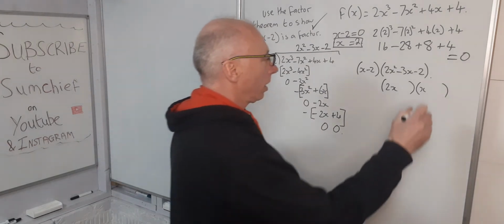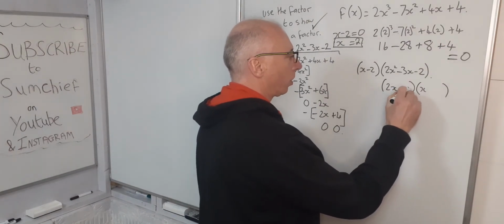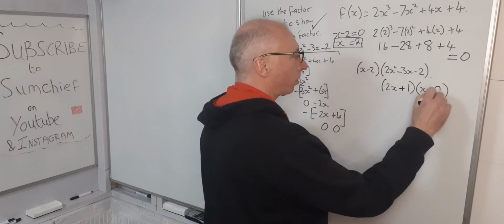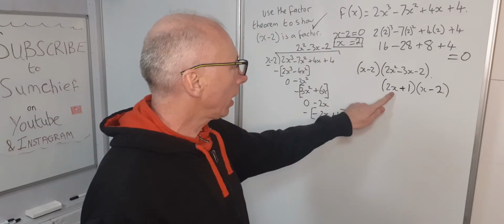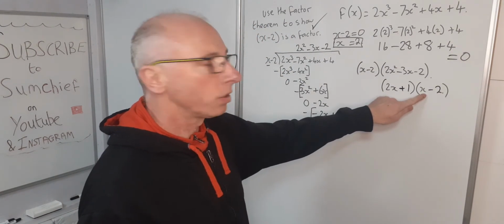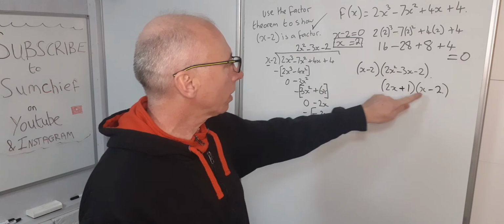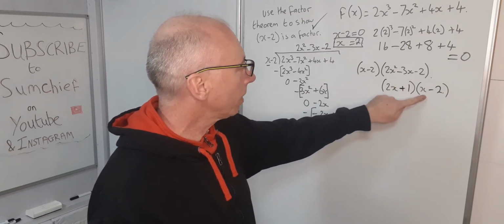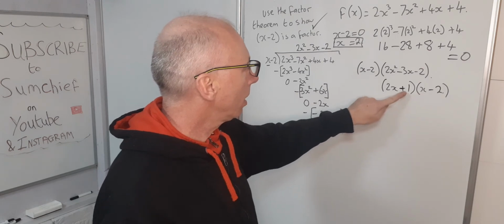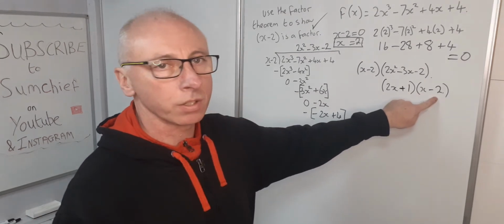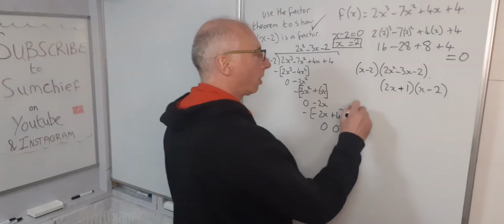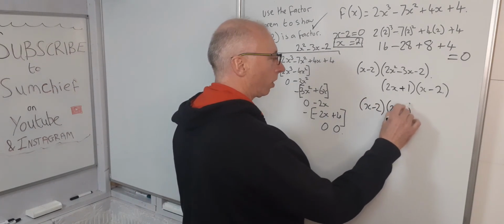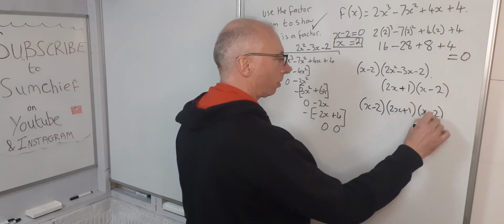So if we put plus 1 here and a minus 2 here, let's see what we get. 2x times x, 2x squared. 2x times minus 2, that's minus 4x. But we have a plus x here, so that's minus 3x. And plus 1 times minus 2 is minus 2. So this is good. So then we get x minus 2, 2x plus 1, x minus 2.